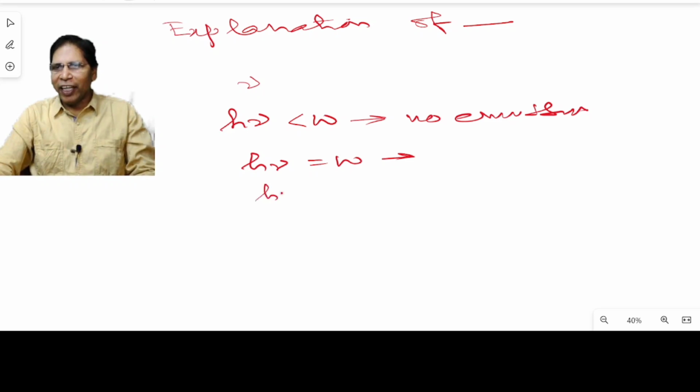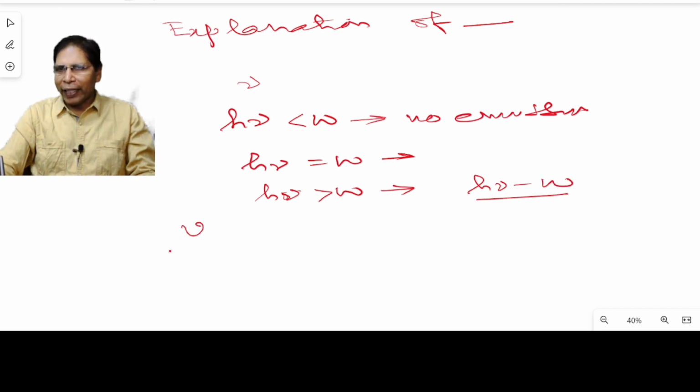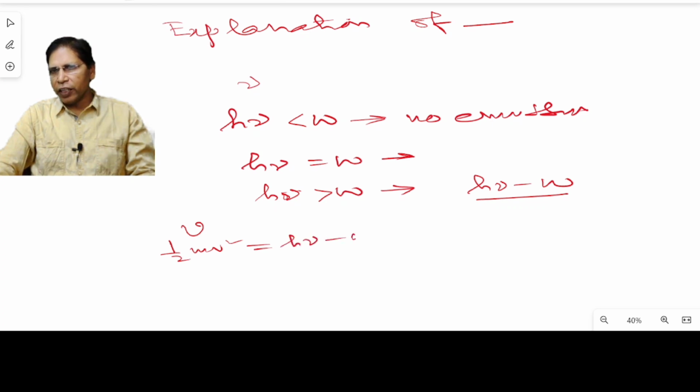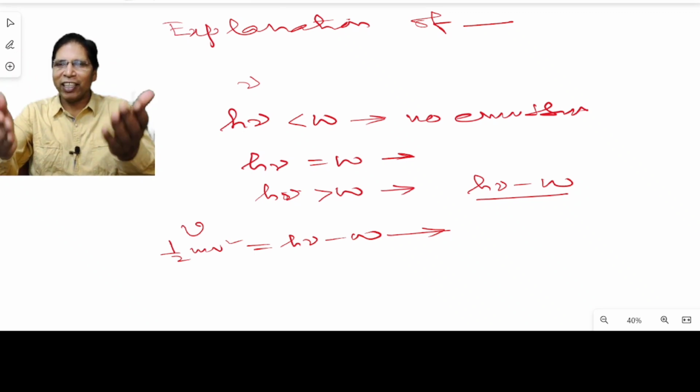And if h nu is greater than W, then emission of the electron takes place with kinetic energy h nu minus W. If v is the maximum velocity of the photoelectron, then half mv square equals h nu minus W. This equation is known as Einstein's photoelectric equation.